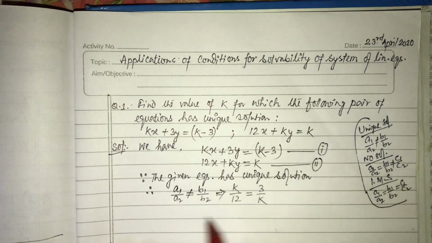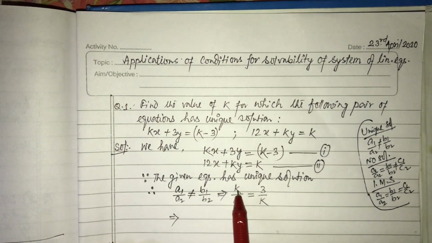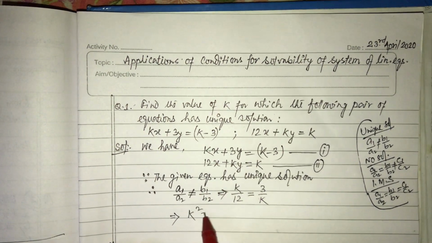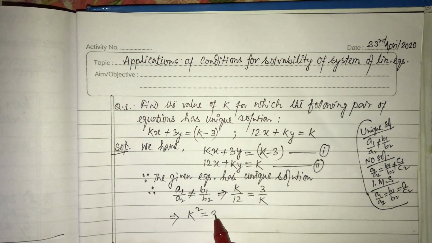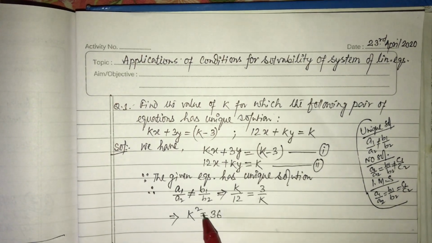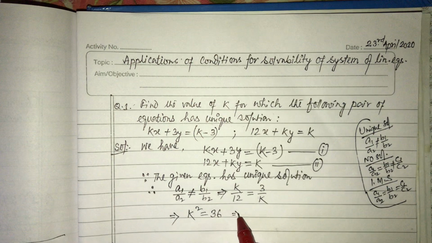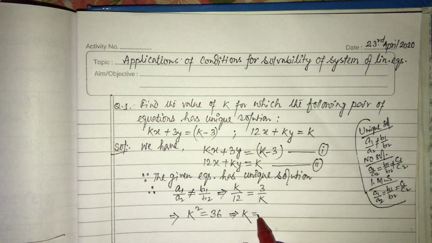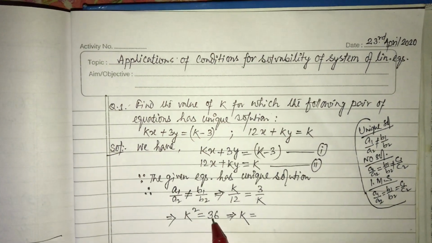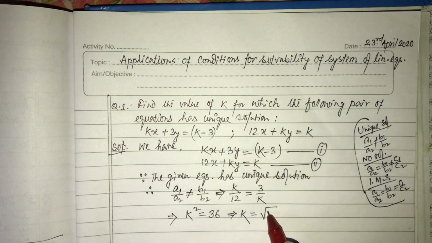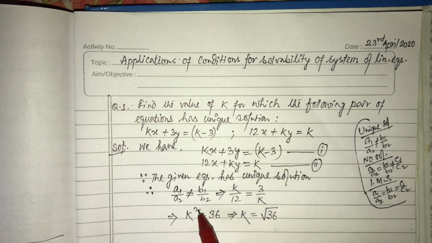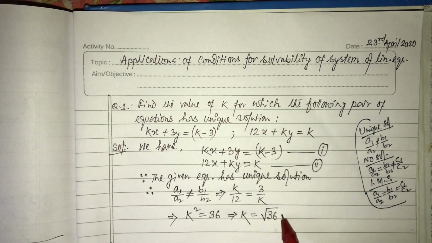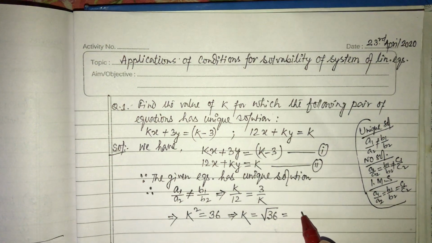Now we do cross multiplication: k into k gives k square, and 12 into 3 is 36. To find the value of k, k is equal to the square root of 36, because of the square. 36 is the square of 6.